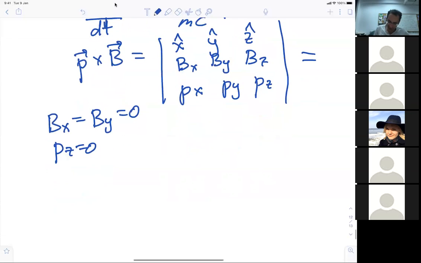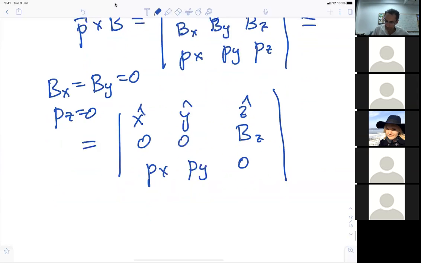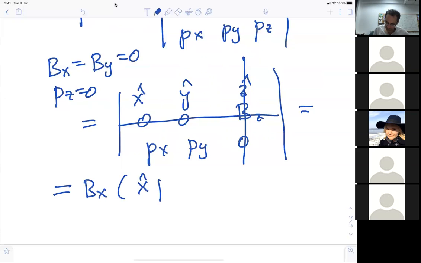So this object reads x, y, and z; 0, 0, Bz; px, py, and 0. So there's only one component here, which means Bz times x py minus y px.